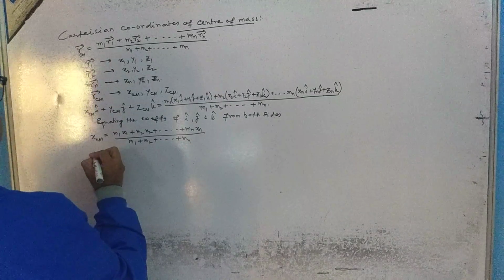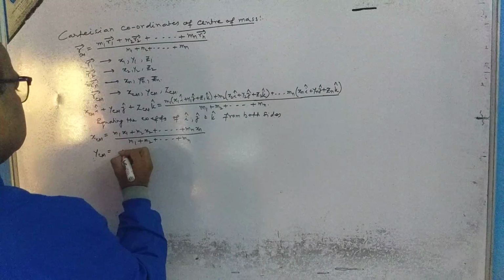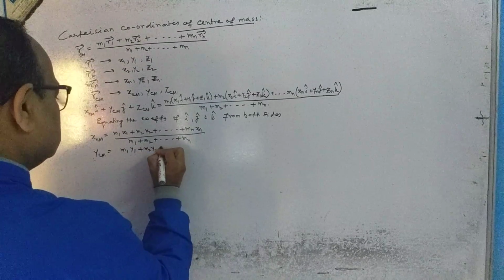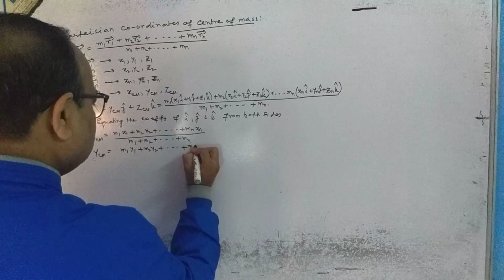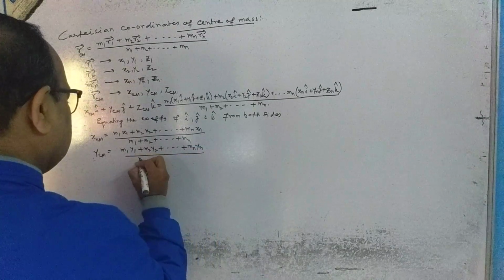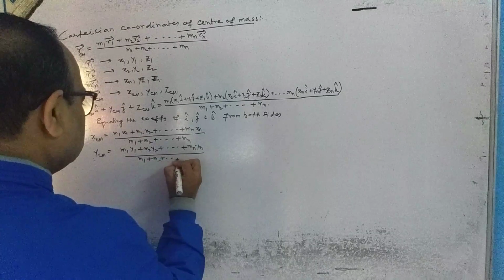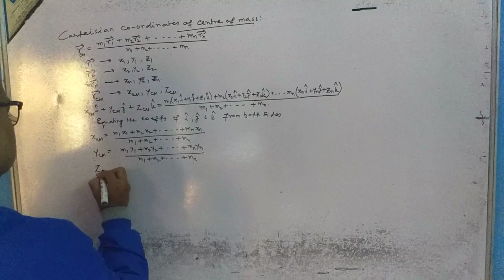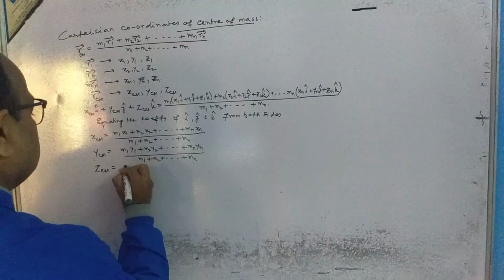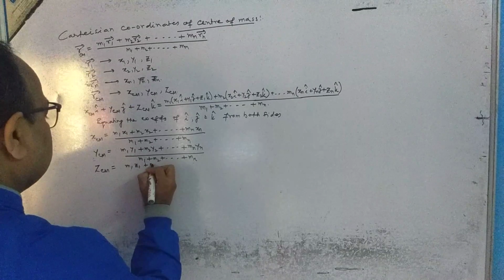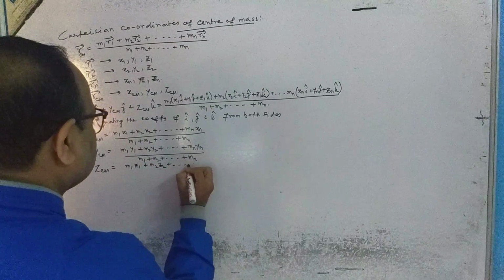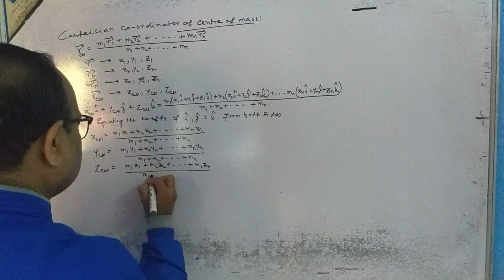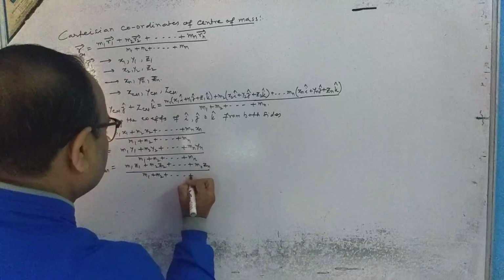Look, what is ycm? That is m1 y1 plus m2 y2 and so on up to mn yn, by m1 plus m2 and so on up to mn. And the third one, zcm, is equal to m1 z1 plus m2 z2 and so on up to mn zn, by m1 plus m2 and so on up to mn.